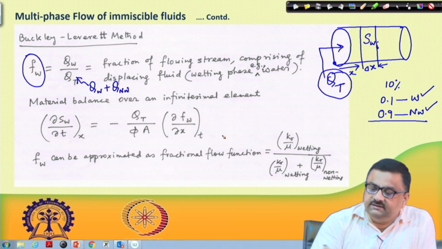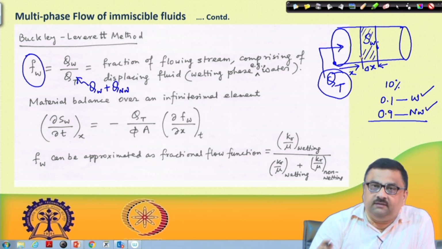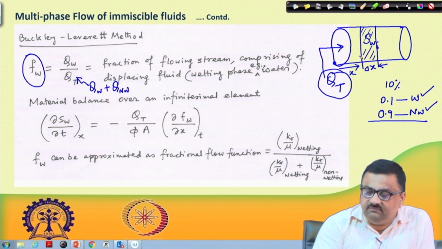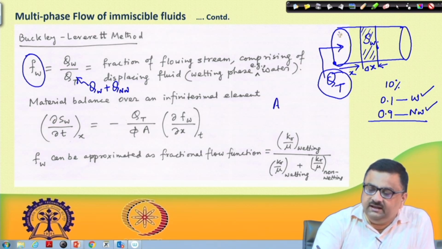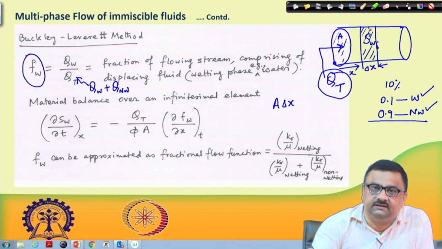So now there is a flow going in. We said that for the void volume of this differential element, first of all the overall volume, if the area of cross section is A, then A multiplied by delta x gives the volume of this particular section. The cross sectional area perpendicular to the screen is A and this length is delta x.